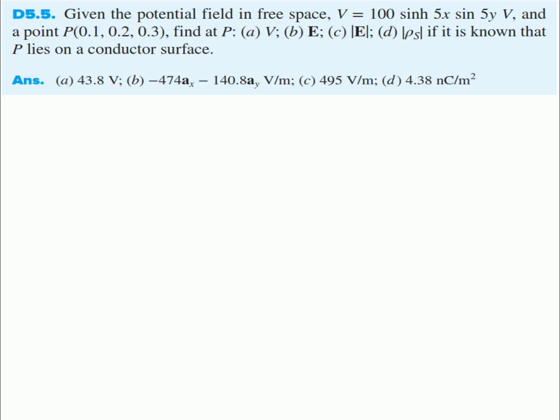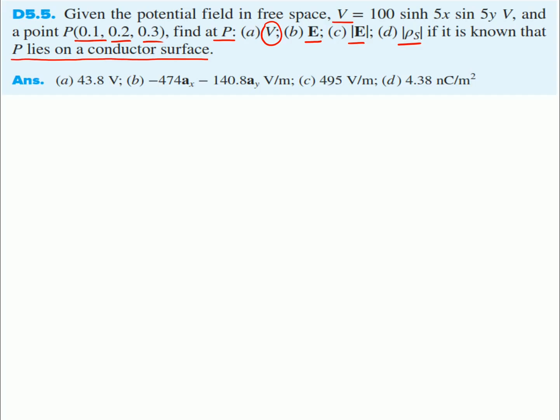So in this problem, we have been given a potential field V as 100 sinh(5x) sin(5y), and a point P at (0.1, 0.2, 0.3), and we have to find at point P the potential, the electric field intensity, the magnitude of the electric field, and the surface charge distribution, if it is known that point P lies on a conductor surface.